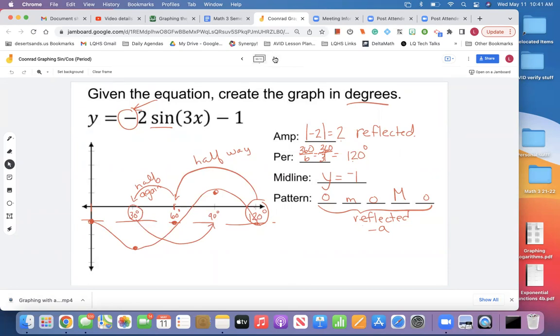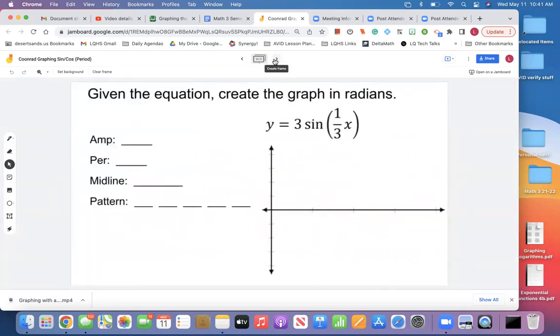Okay, one more, and then I think this is the last one. Okay, we're now in radians. So here we go. This one's a little trickier because it's got fractions. I'm going to probably argue that if we ever put these on tests, we'll keep it in degrees because it's a little easier fraction work for you. Amplitude is 3. Sine, the period, let's see, midline is y equals 0 because there's no d added in.